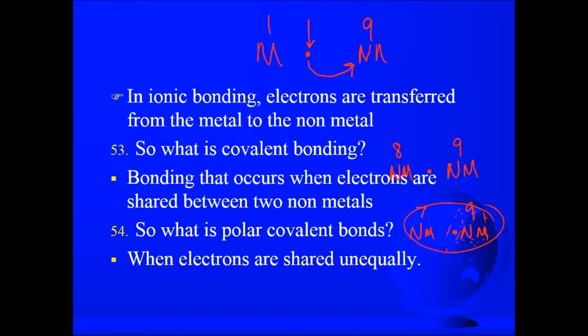The side that Ben spends more time near is kind of negative, and the side that Ben spends less time near is kind of positive. That's why it's called polar, because it creates positive, the side that Ben doesn't spend too much time with, and negative, the side that he does spend more time with. Sides.